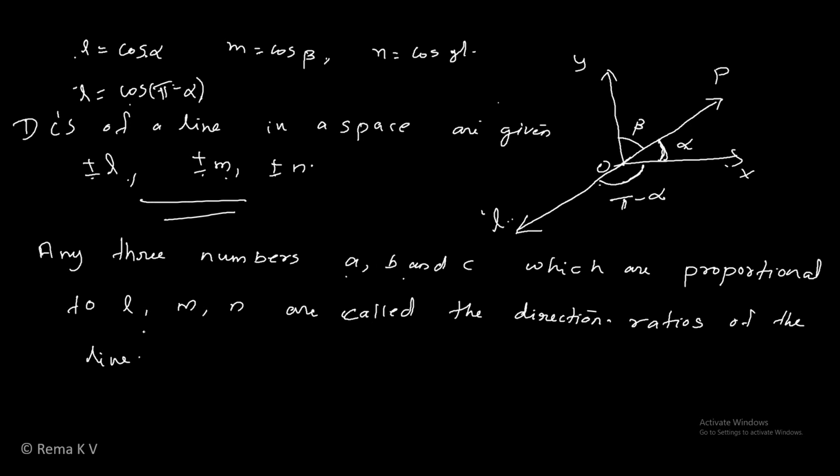So can you say how many direction ratios will be there for the line? Direction ratios means numbers which are proportional to the direction cosines.